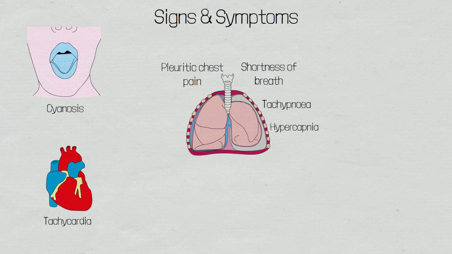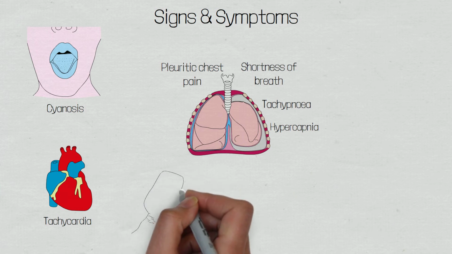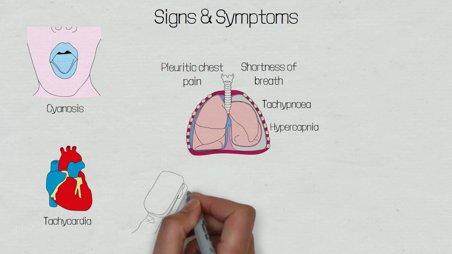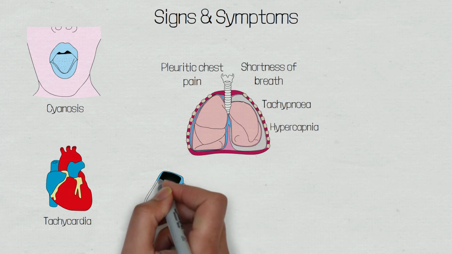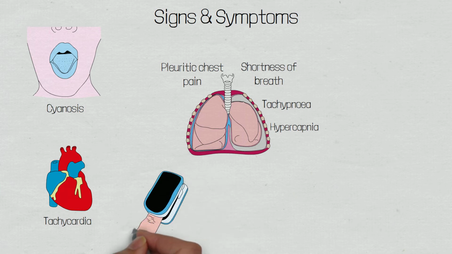Patients will often have reduced oxygen saturations as ventilation is reduced. A sudden decrease in saturations may be an indication that the pneumothorax has developed into a tension pneumothorax, especially in patients who are receiving positive pressure ventilation.